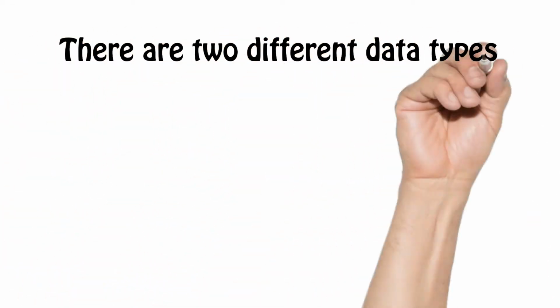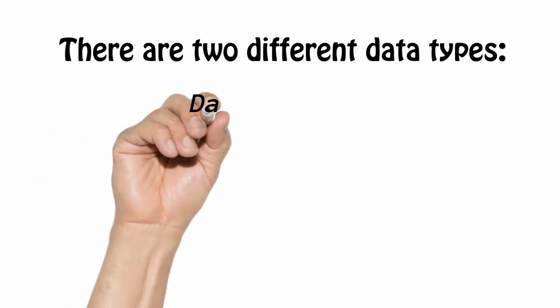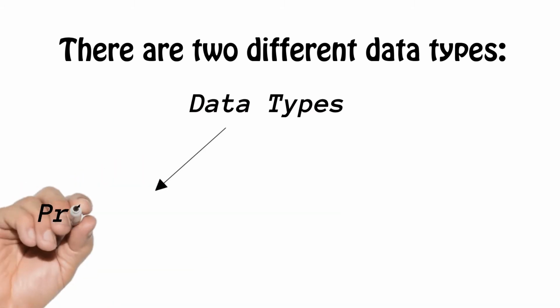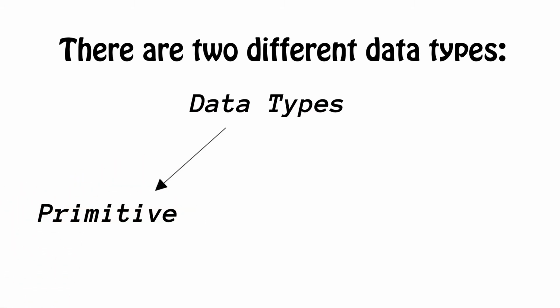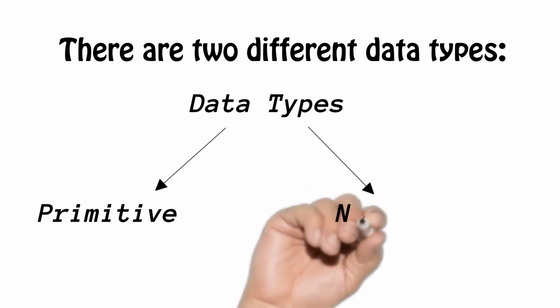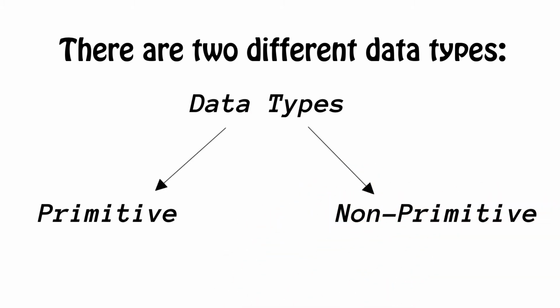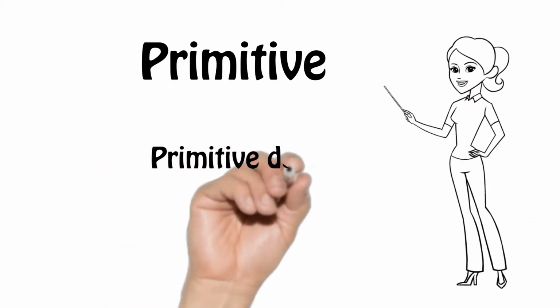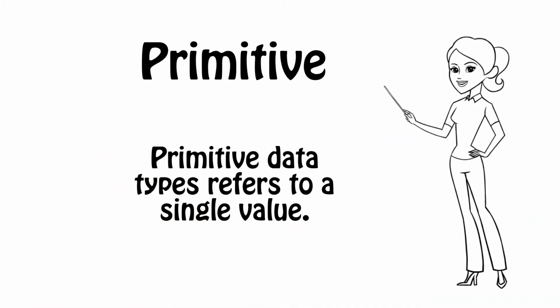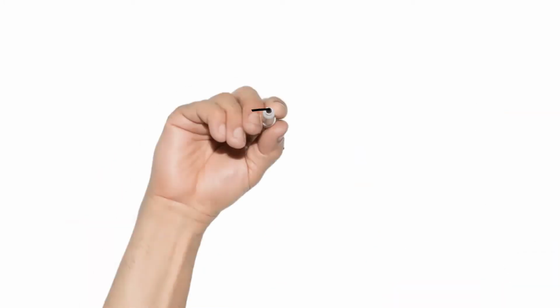In most languages, there are two major types of data type. One is primitive and the second one is non-primitive. Primitive data types refer to a single value, meaning you can store a single value in a variable at a time.